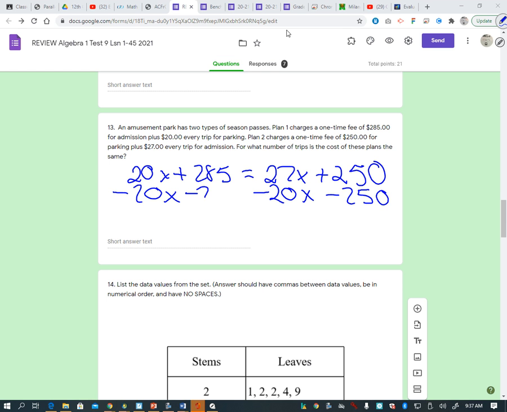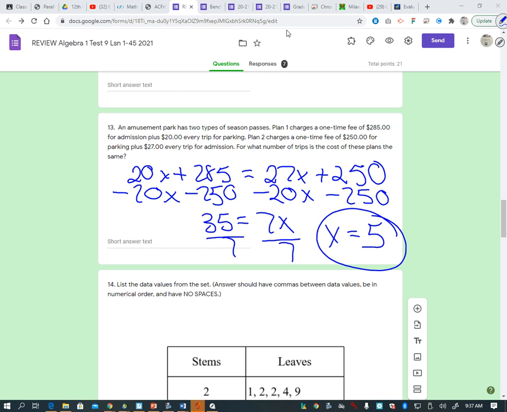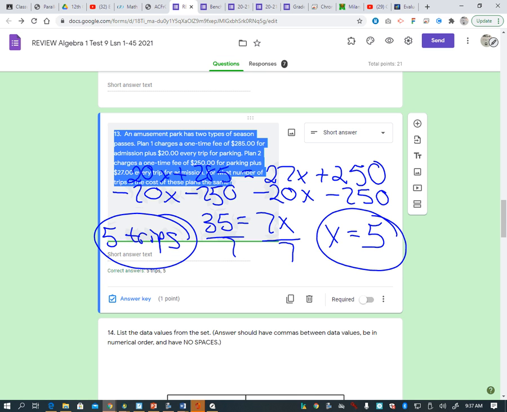Subtract 250 from 285. Okay, that should leave me with 35 equals 7x. Divide by 7, divide by 7. X equals 5 trips. 5 trips is what I want to see. Does that make sense?